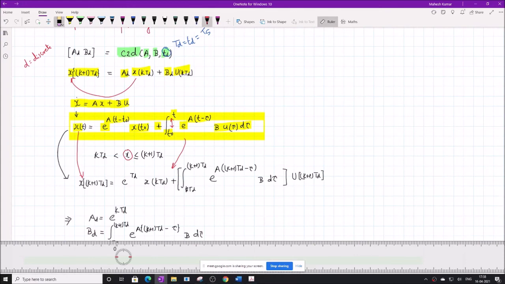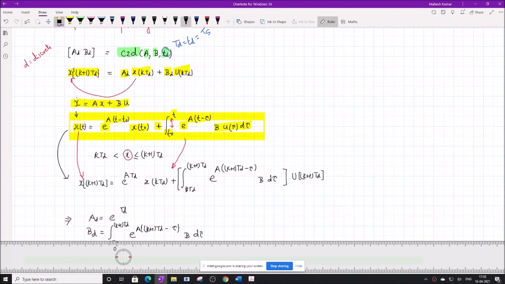This becomes e to the power a td, actually the power is a. Okay, fine. So this is a, correct it.